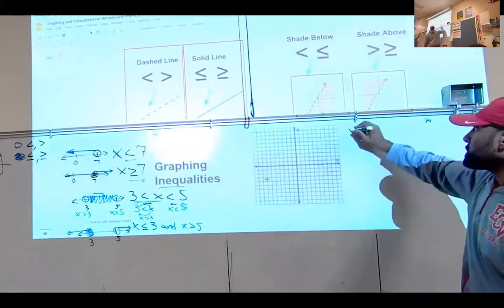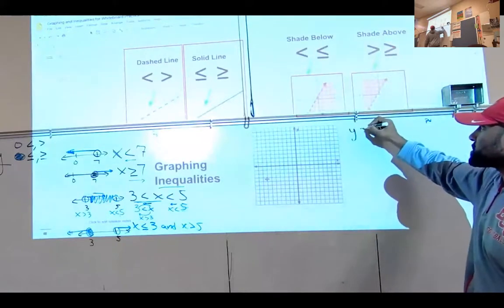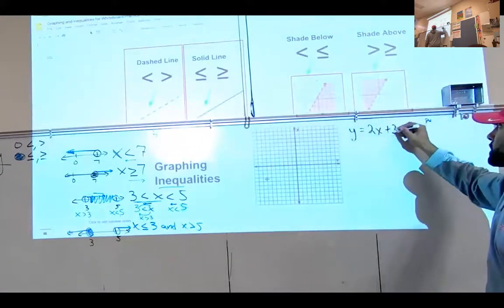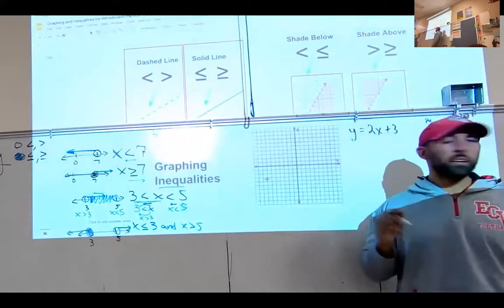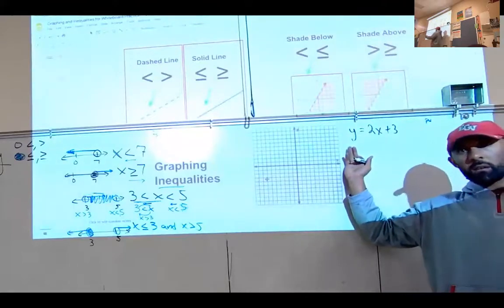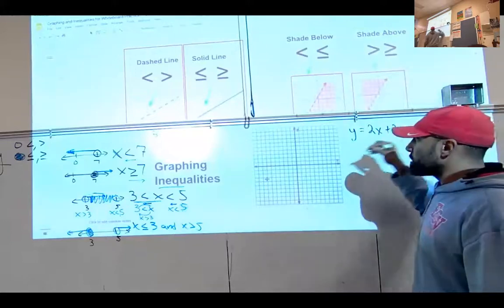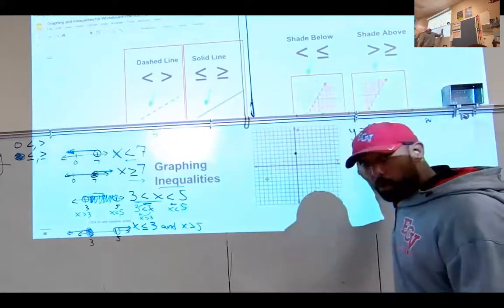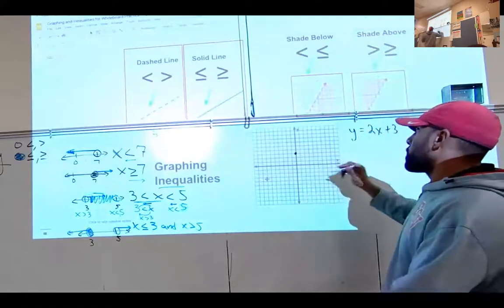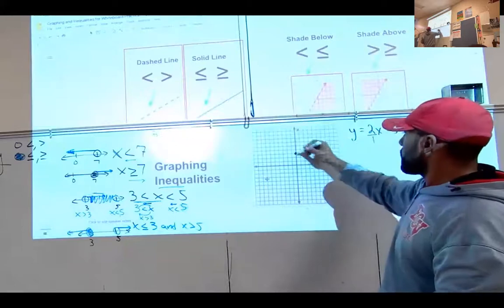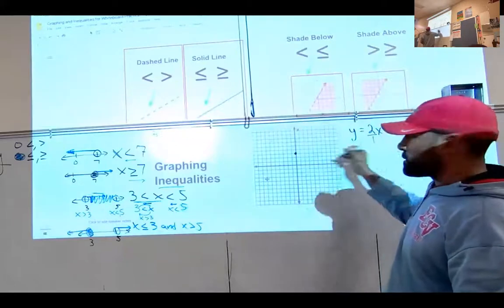On this plane, you're going to get equations that look like this, like y equals 2x plus 3. Now, if you guys remember how to graph that, you start at 3, and then you use the slope to go up 2, because that's a 2, up 2, and then over 1.